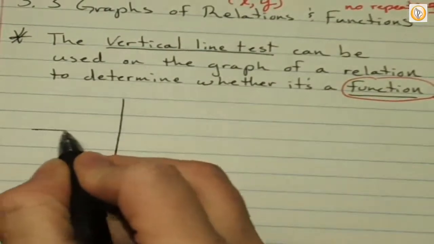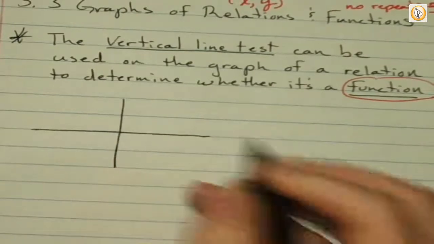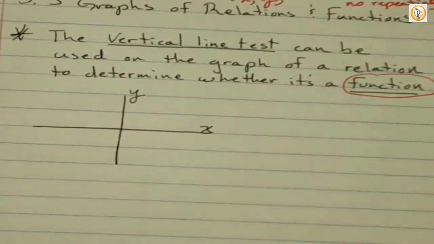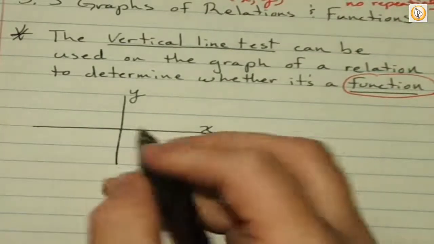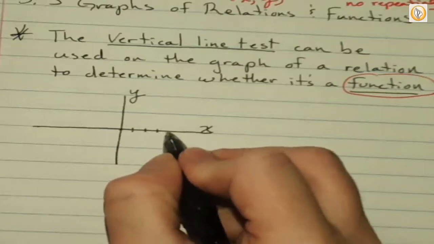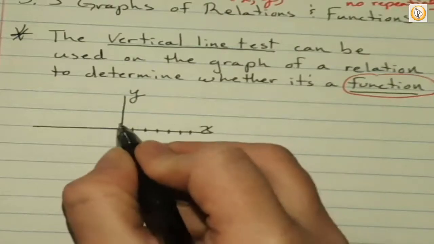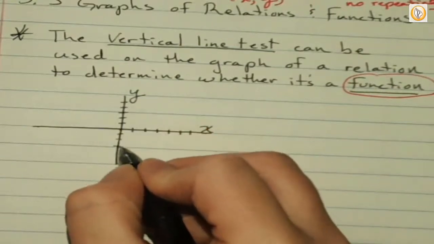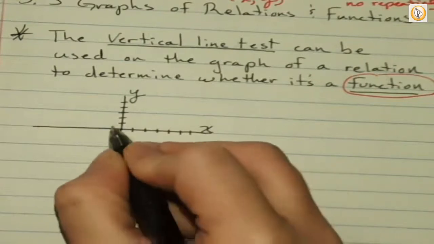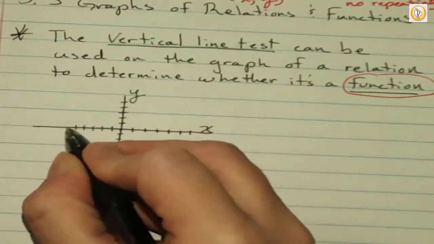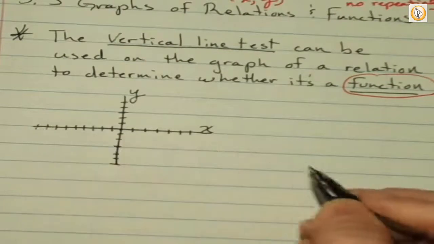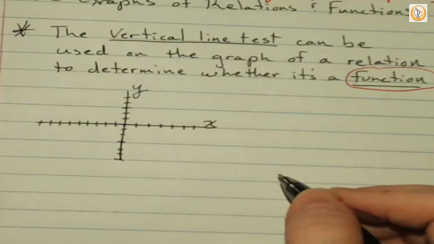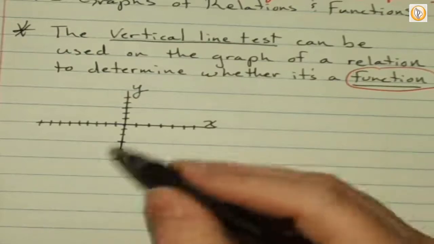So let's pretend I have my Cartesian plane here. Here's my X and here's my Y. So this is my Cartesian plane.